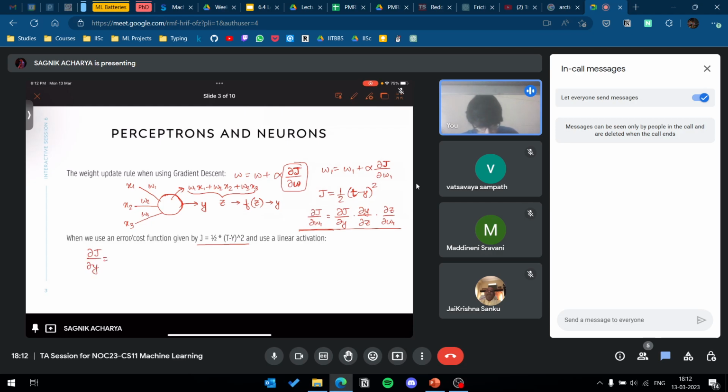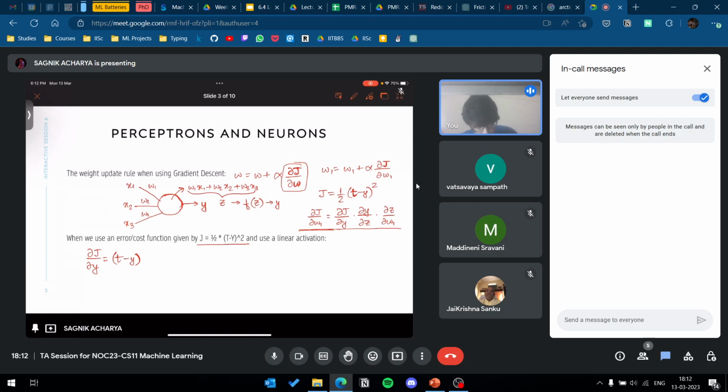If you see, j is equal to half of (t minus y) whole square, so if you differentiate it with respect to y, it comes out to be t minus y.